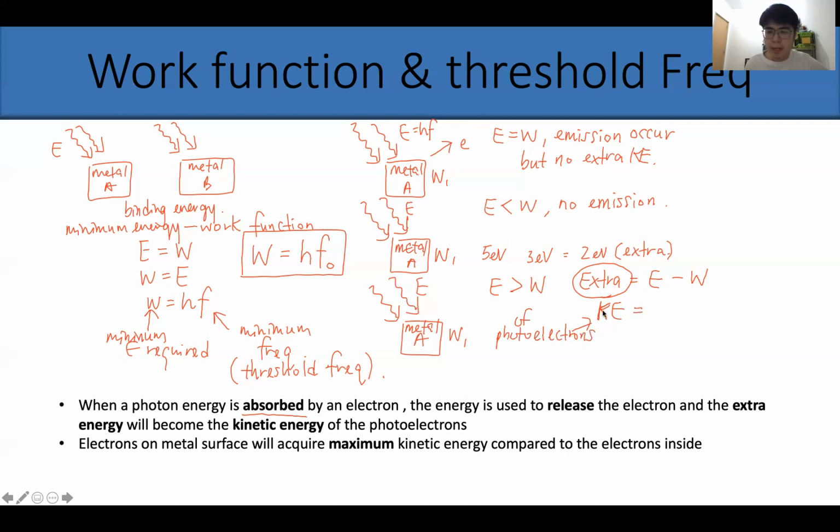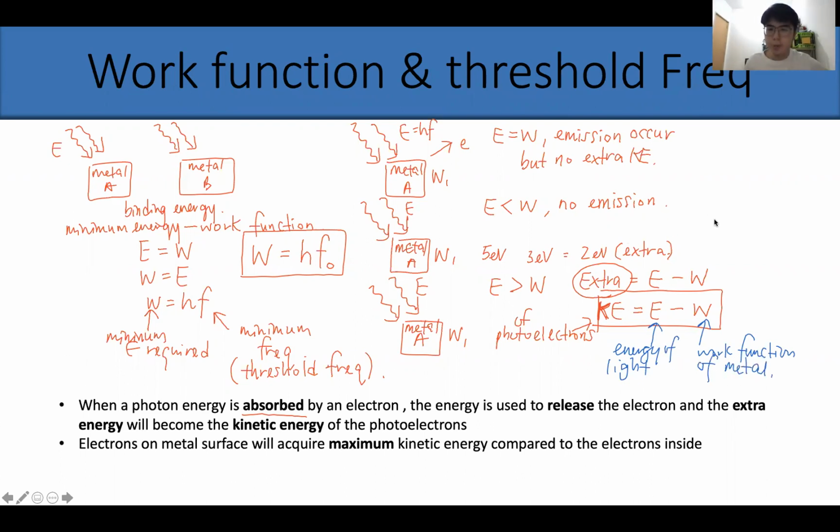So the kinetic energy of the photoelectron equals the energy that you supply minus the work function. Please remember this equation. In this chapter, this is our main equation: KE equals E minus work function. Again, KE is the kinetic energy of the electron, E is the energy of the light shining in, and this is the work function of the metal.